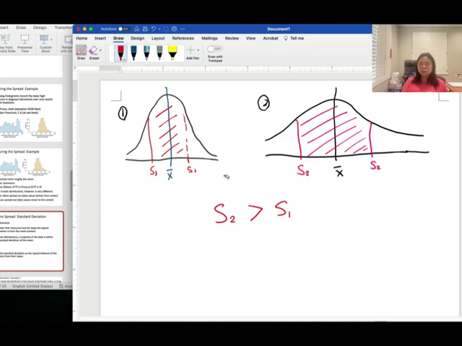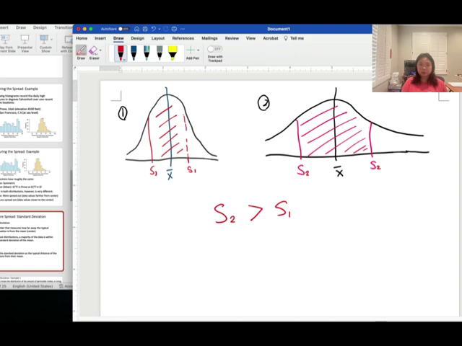So when you find the standard deviation, you know how spread out the data is for each distribution. If the standard deviation is smaller, the data is close to the mean. When there is a larger standard deviation, the data is more spread out. So this is the idea of the standard deviation. I will talk more about it in later sessions.